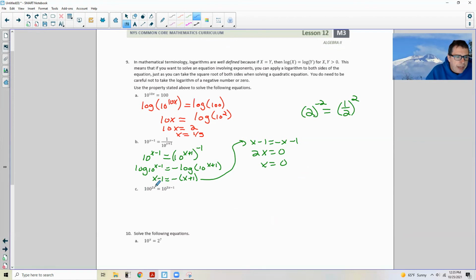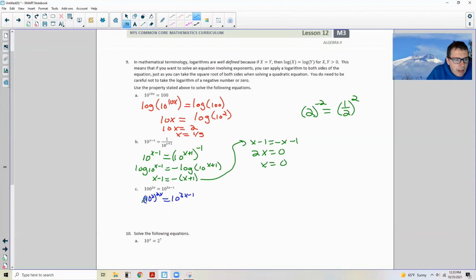100 to the 2x equals 10 to the 3x minus 1. Well, on this one, I'm going to do this a little differently. I'm going to rewrite this as 10 squared to the power of 2x equals 10 to the 3x minus 1.